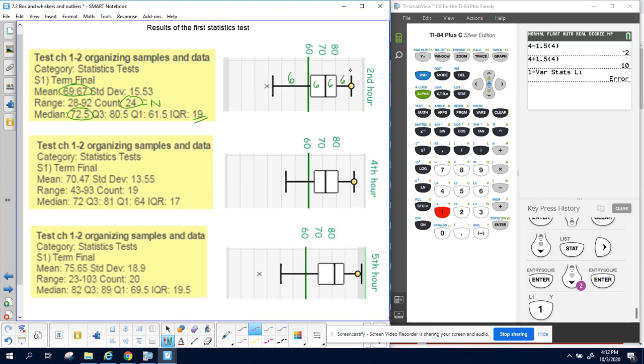So like people can tell which class had the highest score really quickly. People can tell which class had the lowest score very quickly. You can tell that the median, the lines that are here in the middle, are very much balanced on these 2 classes, but the median for 5th hour is a little bit higher than the other classes.